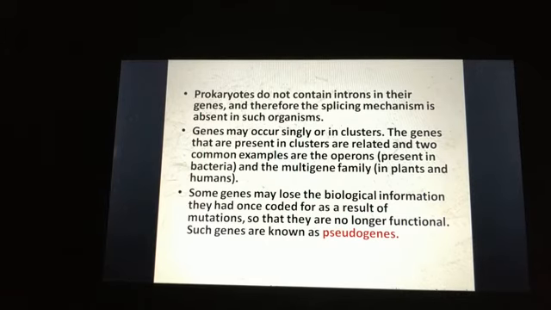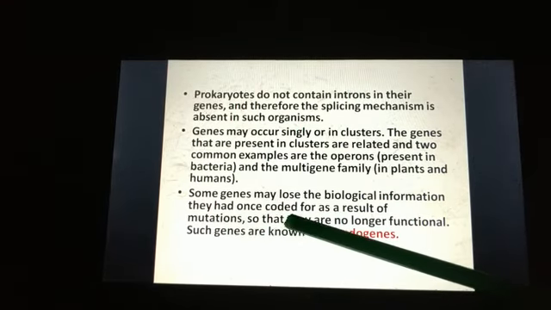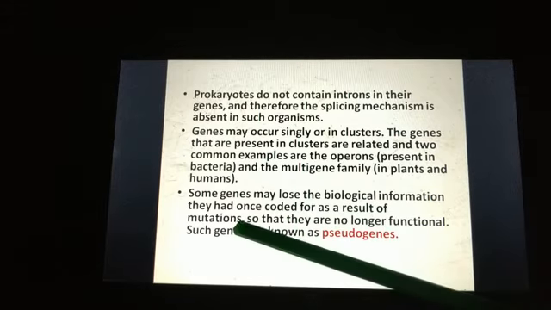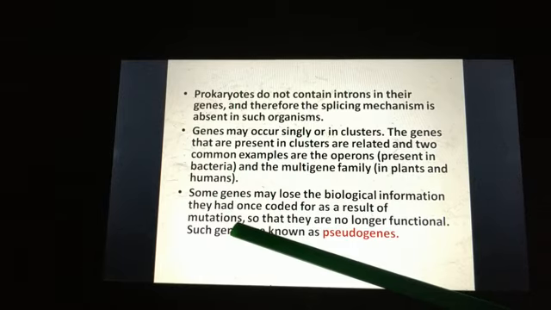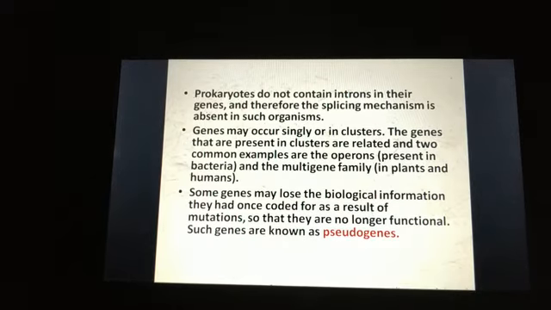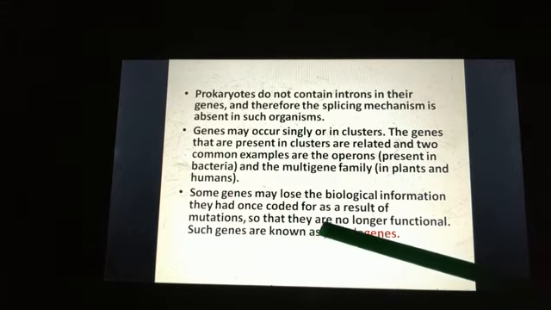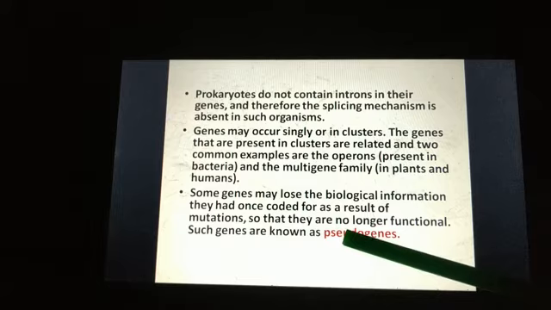Some genes may lose the biological information they had once coded for as a result of mutation. See, mutations might occur in a gene, and if a mutation occurs, they might lose the information which they contain, so that they are no longer functional.